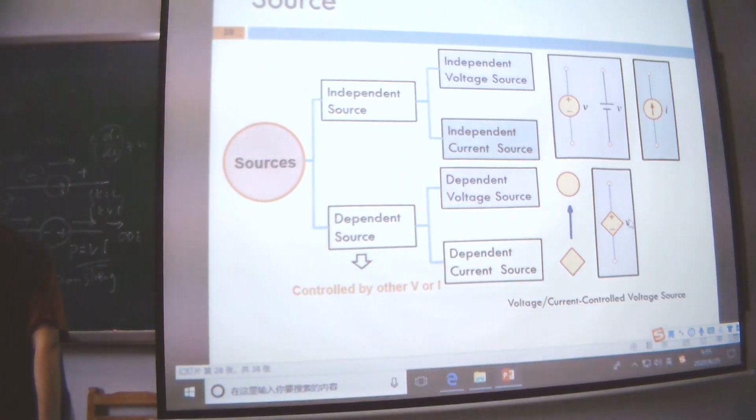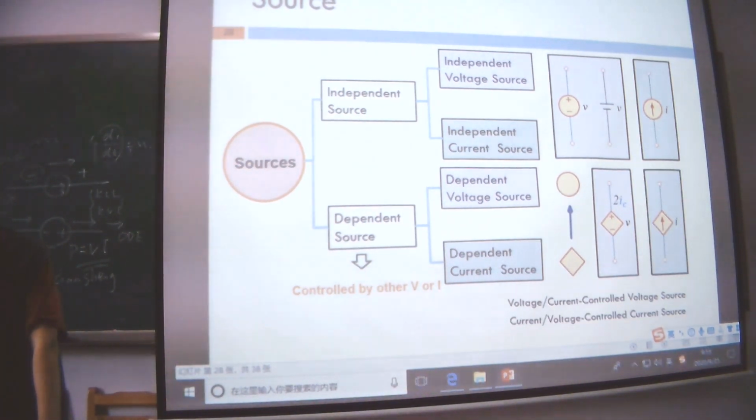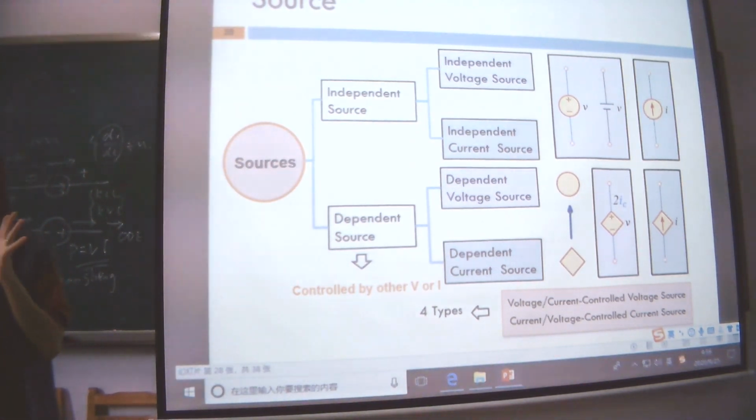It's the signal from here. If it's V, it's voltage control. If it's I, it's current control. Similarly, we have a current or voltage controlled current source as well. Inside the diamond, we have an arrow to stand for a current source. Here are the four typical dependent sources.